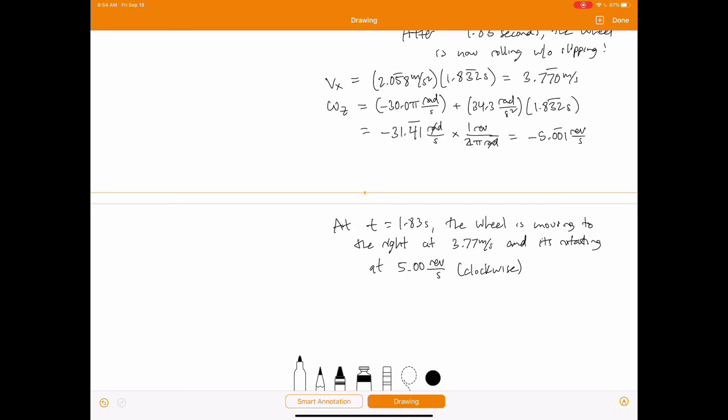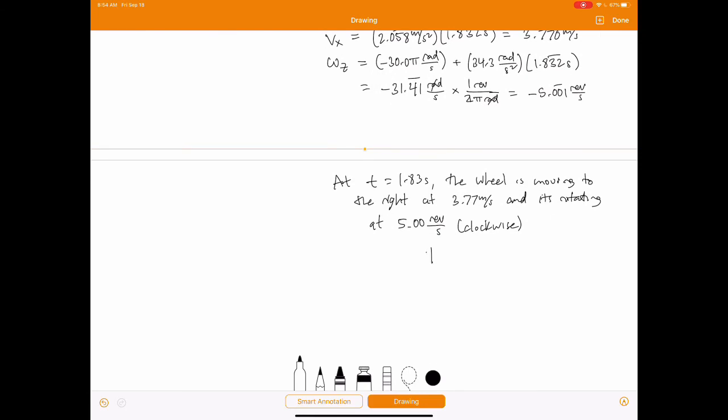So what happened? As a result of slipping along the surface, the rotation slowed down. But of course, it also picked up some translational motion. And I'm not going to show you this in this problem.